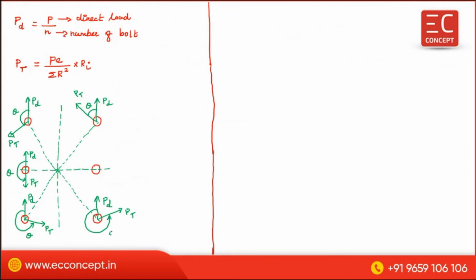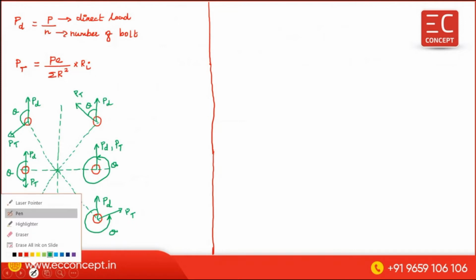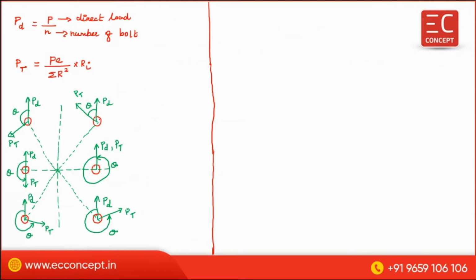This is theta, and here PD and PT are both on the same axis, and this theta is equal to 360 degrees. Okay, now what is the R? R means from here to here. If you want to calculate the stress at this point, then you have to measure. This is R1, this is bolt number 1. Therefore, this is R1, and this is R2.